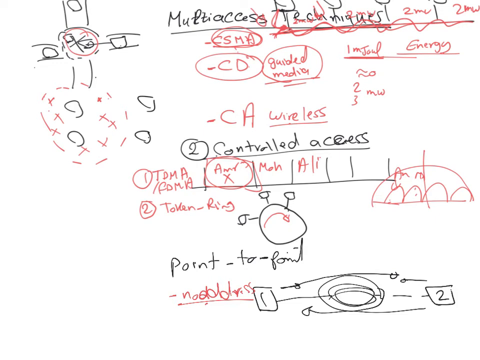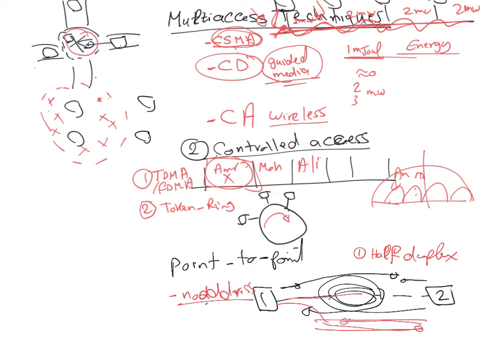So the only thing that we need to control in point-to-point is whether this line is what we call half duplex. In half duplex, we divide the same line. It's like a one-way street. There is one street between 1 and 2, so either this street will be used for 1 to send to 2 or for 2 to send to 1.